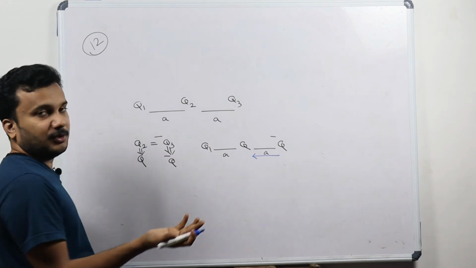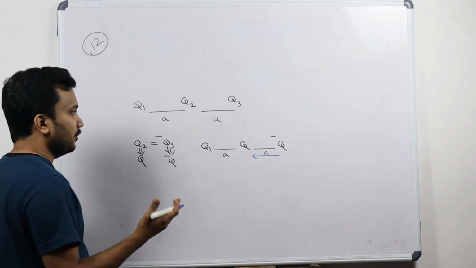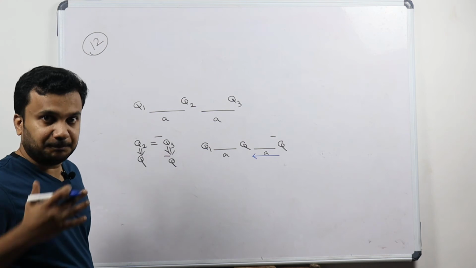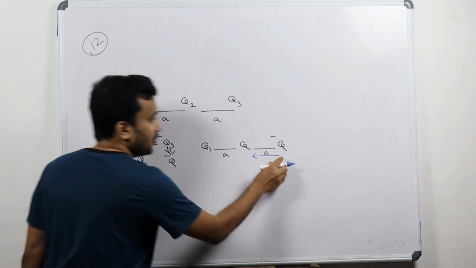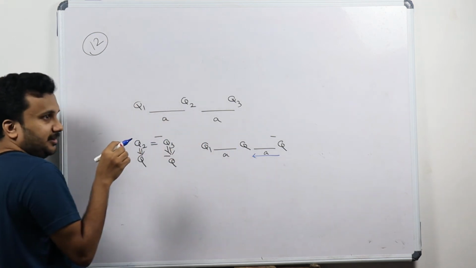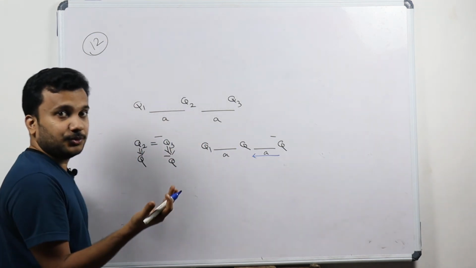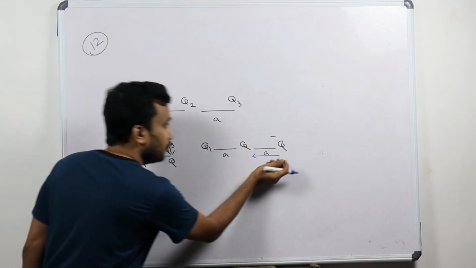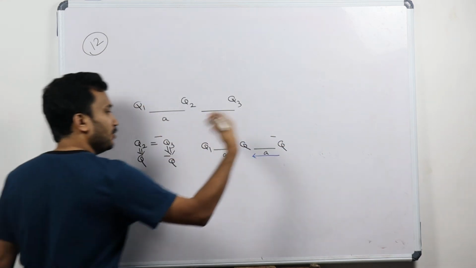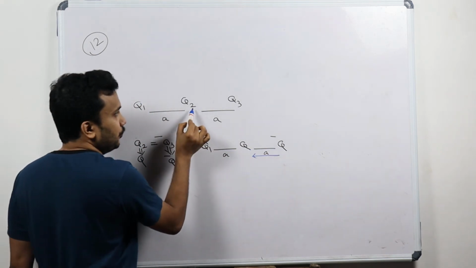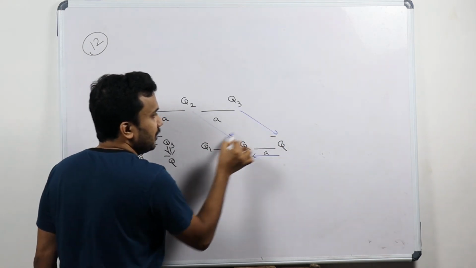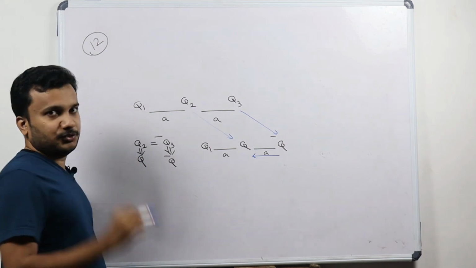We don't know whether it is positive or negative. To have a net force on this charge equal to 0, definitely you have to remember, already one force is here, so the other force must act in the opposite direction. Already one force is given in the question, since this Q2 and this Q3 are equal in magnitude and opposite sign.